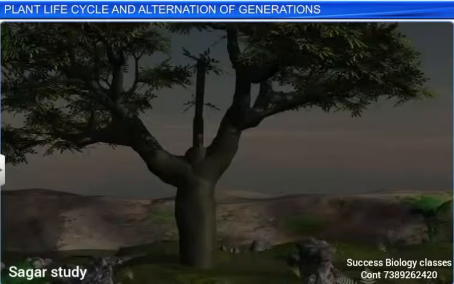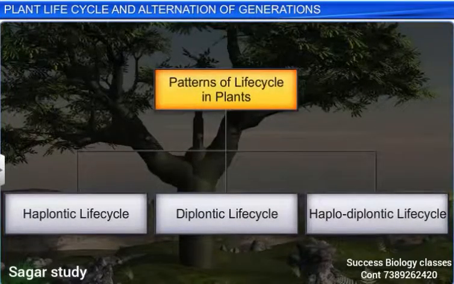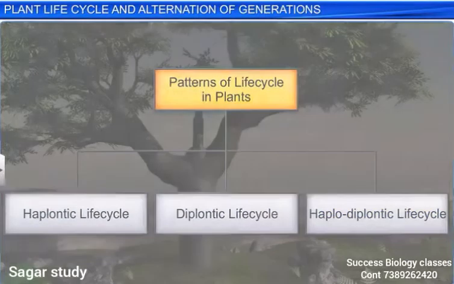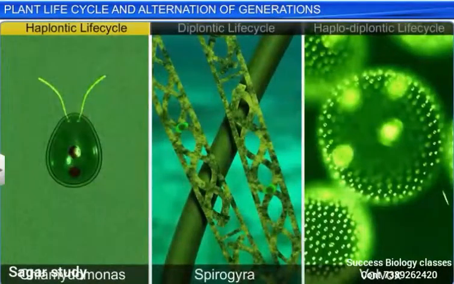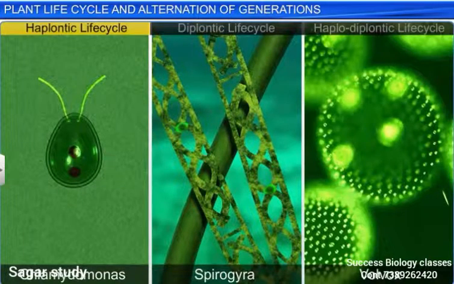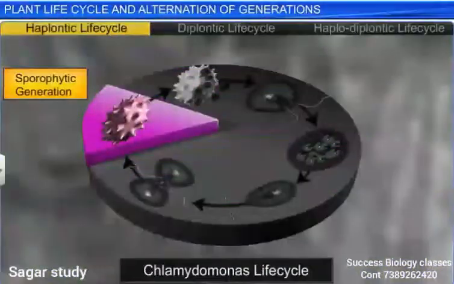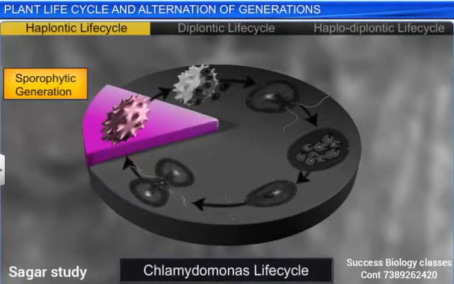This difference gives rise to three patterns of life cycle in plants: the haplontic life cycle, diplontic life cycle, and haplodiplontic life cycle. In the haplontic life cycle, observed in algae such as Chlamydomonas, Spirogyra, and Volvox, the sporophytic generation is represented by a single-celled diploid zygote, and there are no free-living sporophytes.